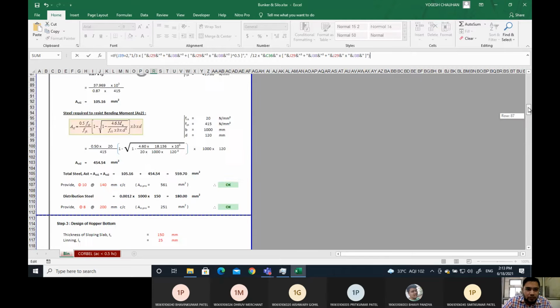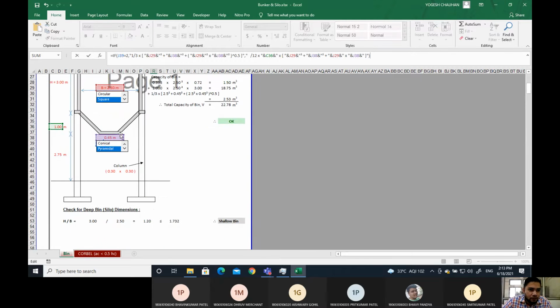J39 is equal to 2. J39 means this selection J39. If it is selected right now, it is selected as 2, means pyramidal. If it is selected as conical, then it will be 1. So if it is 2, then the formula will be different, and if it is 1, then the formula will be different.